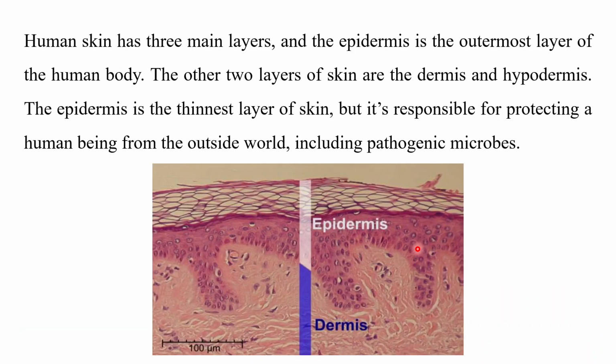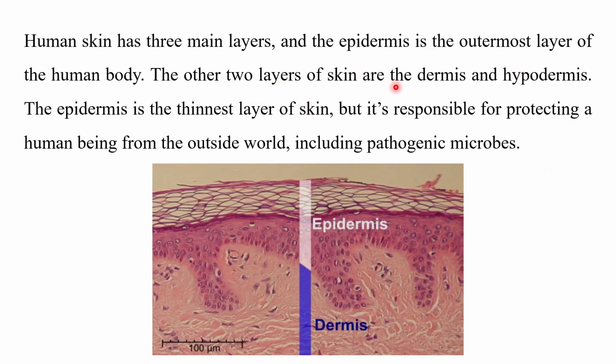Okay, so this is a diagram of the skin. So the outer layer is called the epidermis, and the inner layer is dermis. Human skin has 3 main layers. The epidermis is the outermost layer.